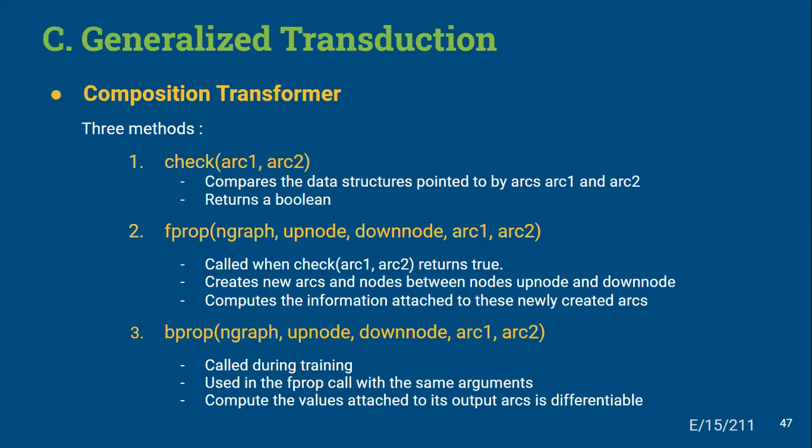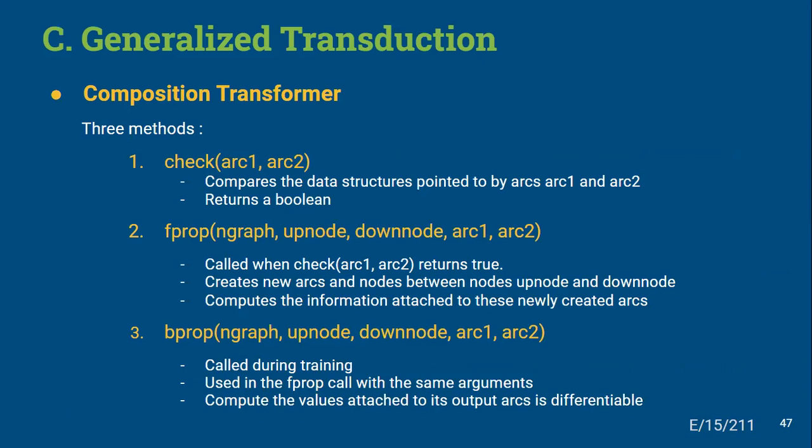Generalized transduction. The composition transformer object implements three methods. The check method is used to compare the data structures pointed to by arcs arc1 and arc2 and returns a boolean indicating whether the corresponding arc should be created in the output graph. The fprop method is called when the check method returns true.